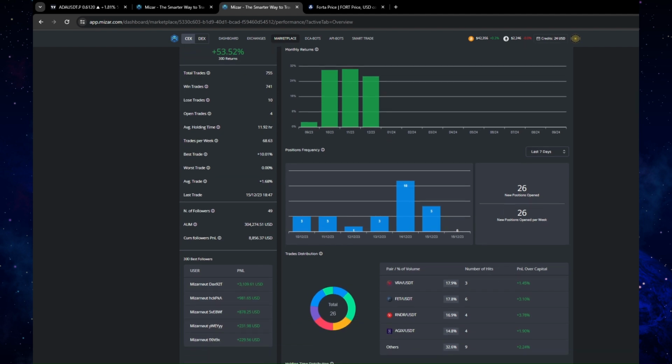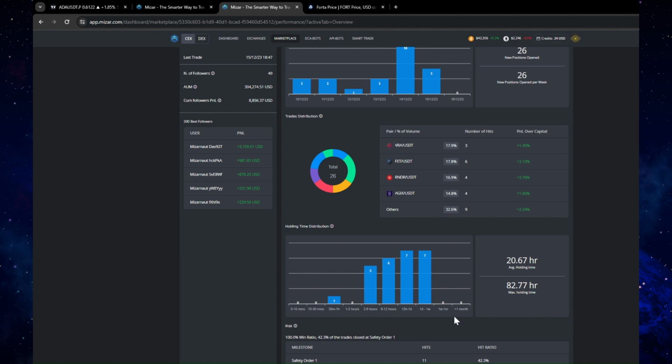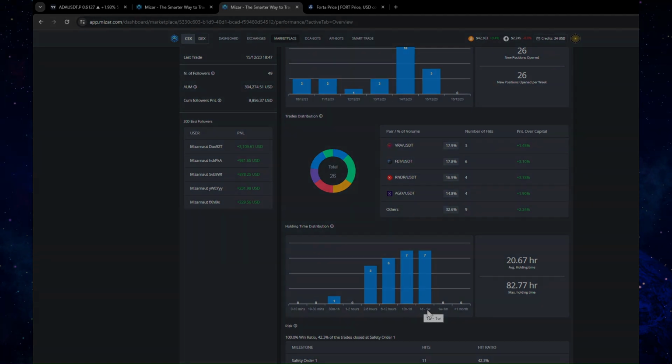But I want to specifically point out that sometimes a position will be opened and not close for a few days. The maximum that I've seen so far was over 5 days. So here you can see the distribution. We had about 50-50 from these long-running positions. Many stayed for about 12 to 24 hours, and there's a number of them that run from 1 day to 1 week.